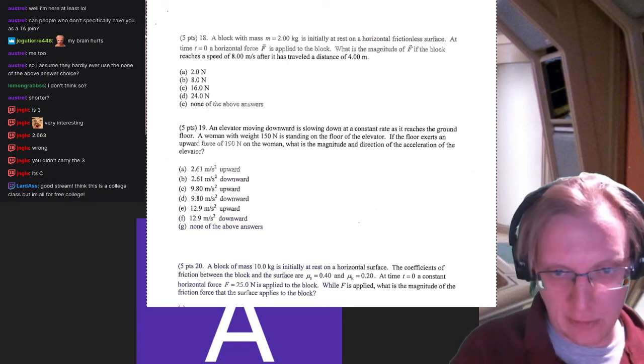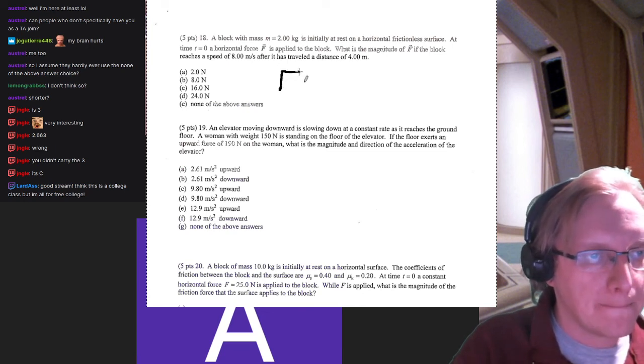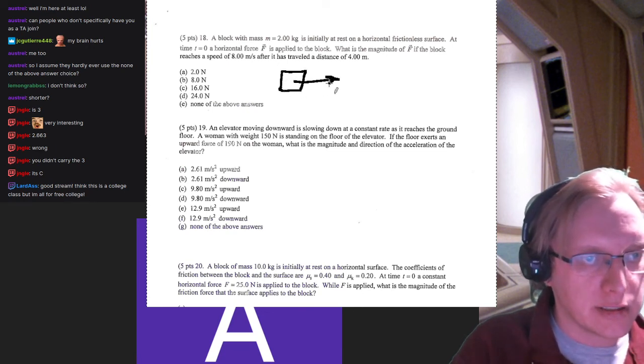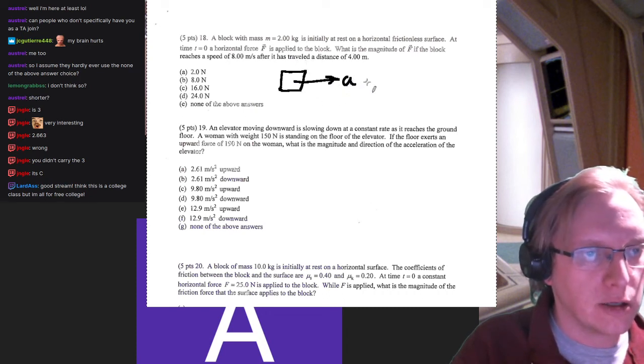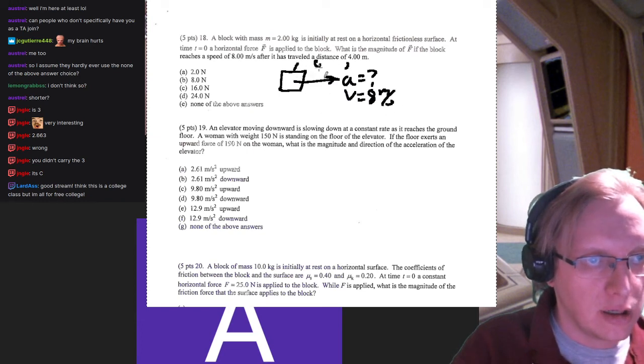All right, we got a block. It's got an acceleration, which is not provided to us. We're told that this has a velocity of 8 meters per second, and it traveled a distance of 4 meters.